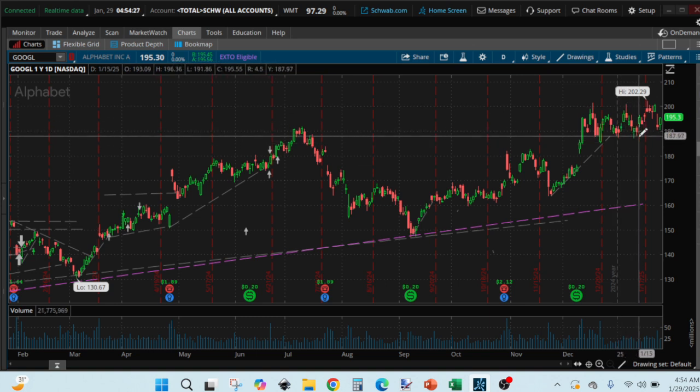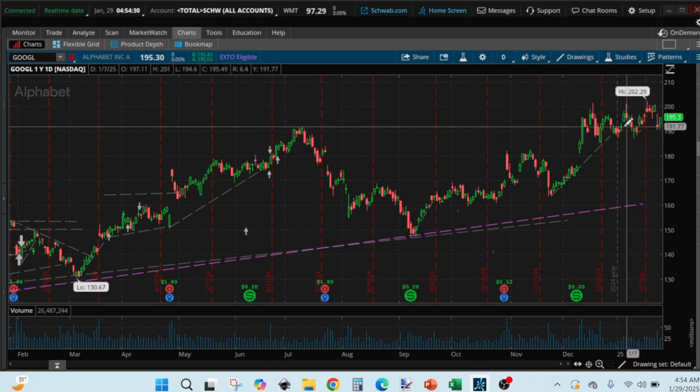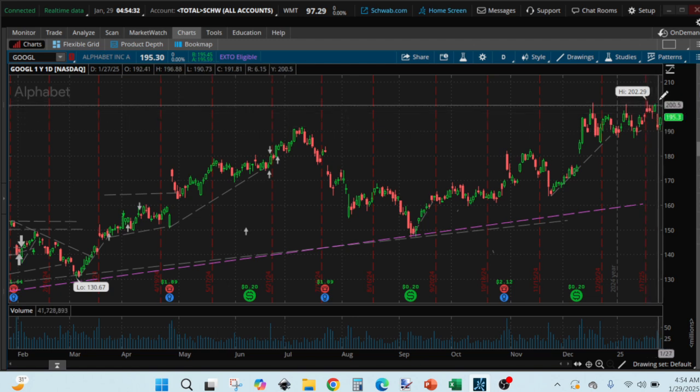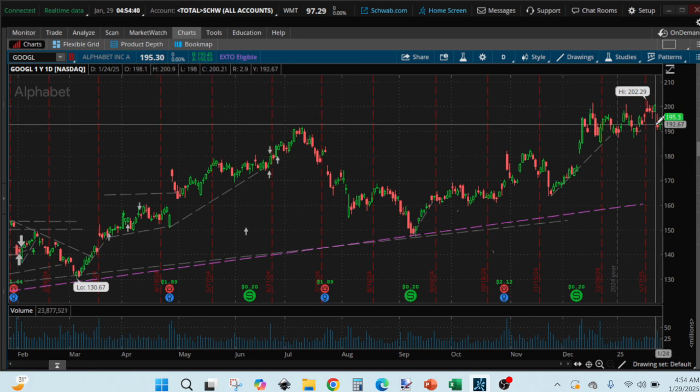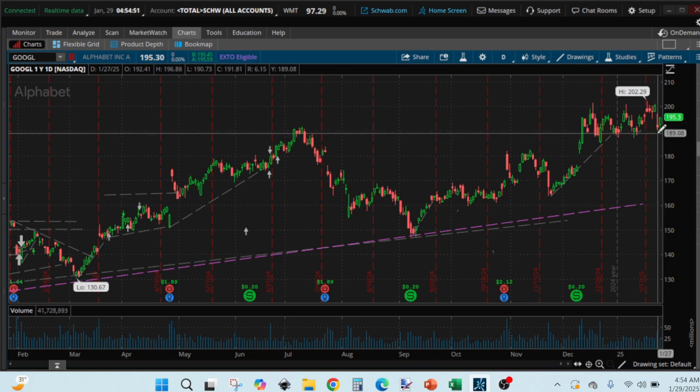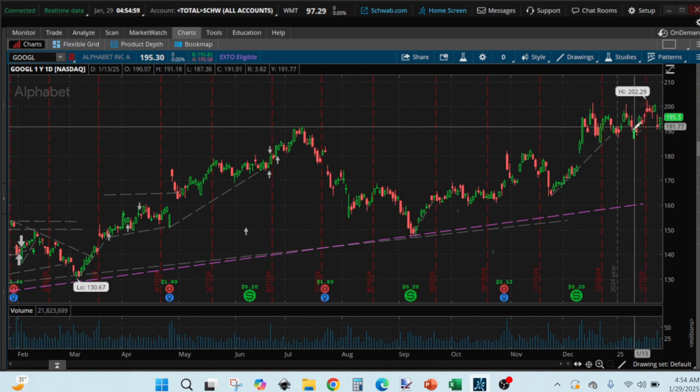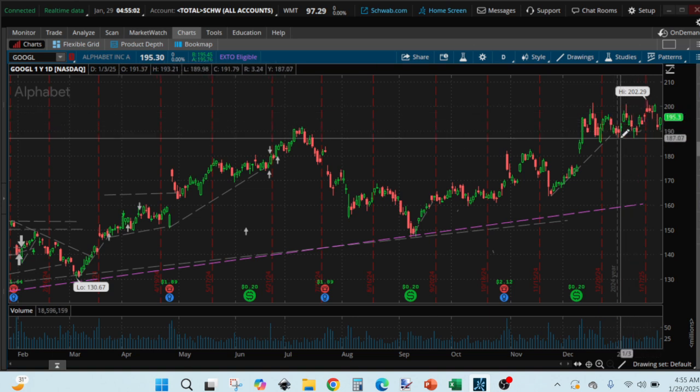It's like it's oscillating within that frame between 190 and 200. It's like it's moving sideways around there.